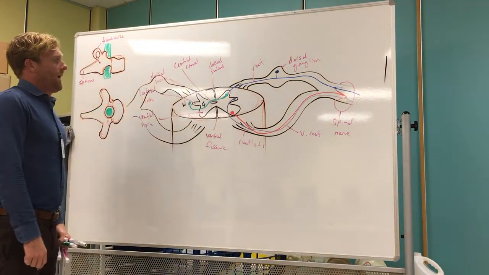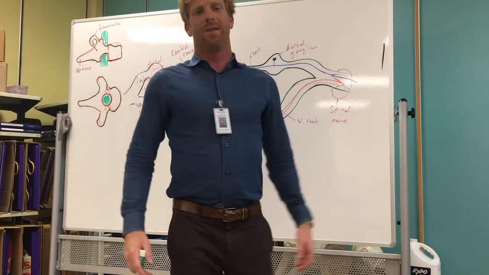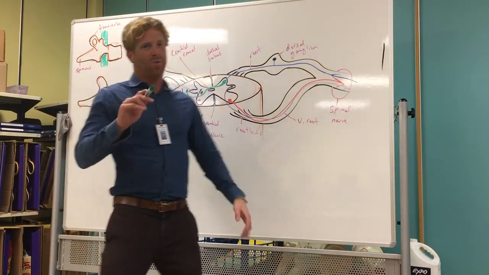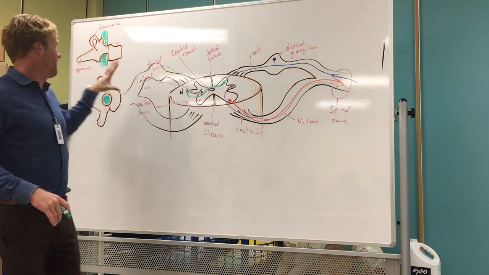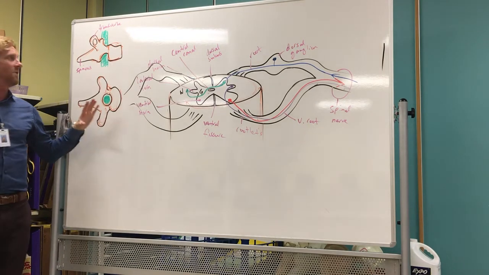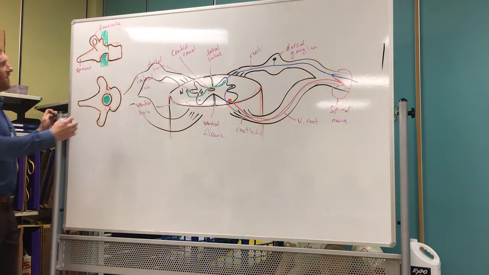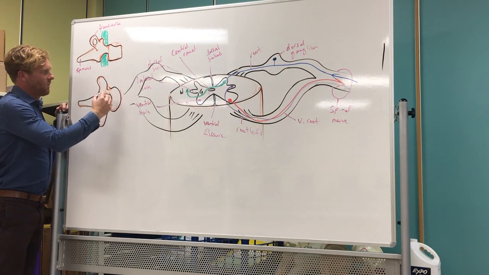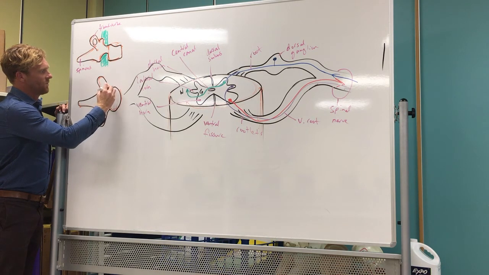Okay. And all right, there is one more thing that I wanted to mention, and that was where these roots come out of the spinal cord from this view. So if we go back to this view of the spinal cord within the vertebrae, you'll notice that if we start with this dorsal view, you'll have the ventral root that comes out, and then you'll have the dorsal root that comes out, with the dorsal ganglion, and these guys will unite right here.